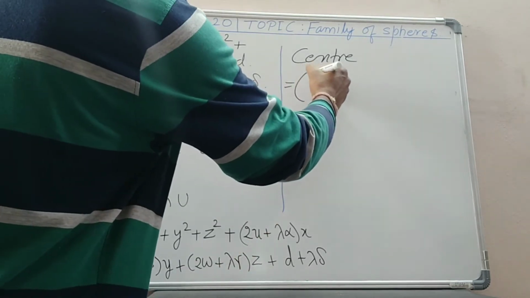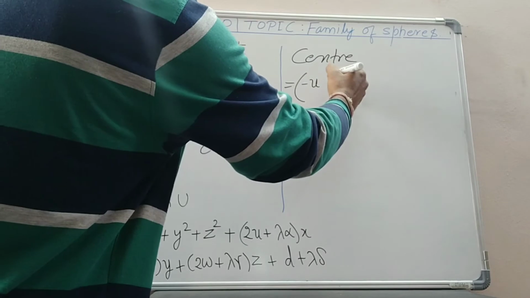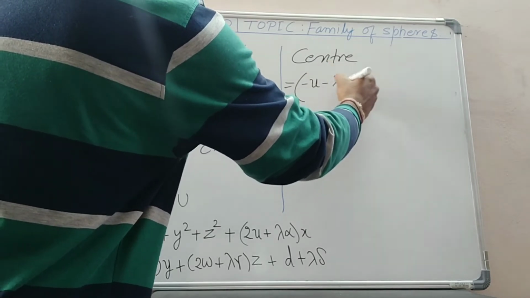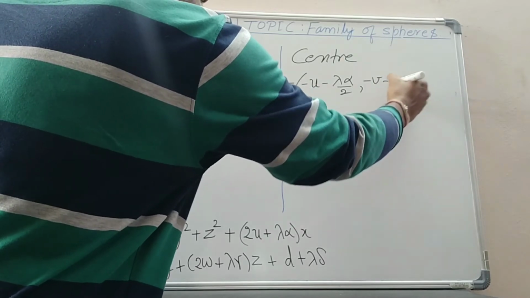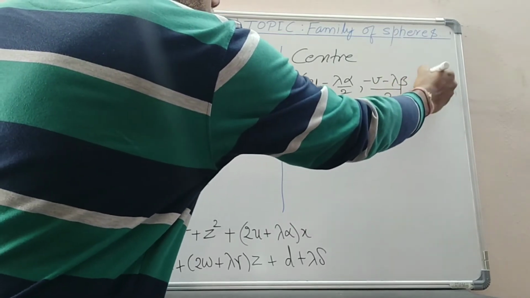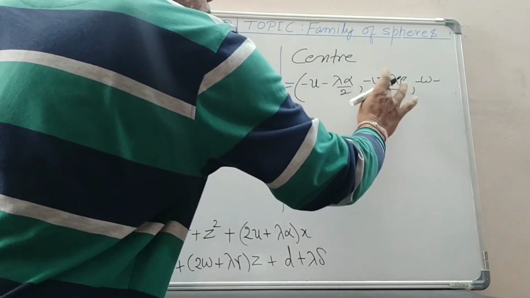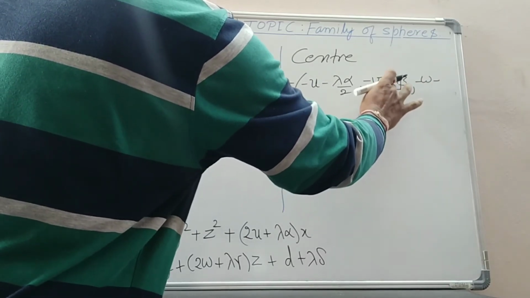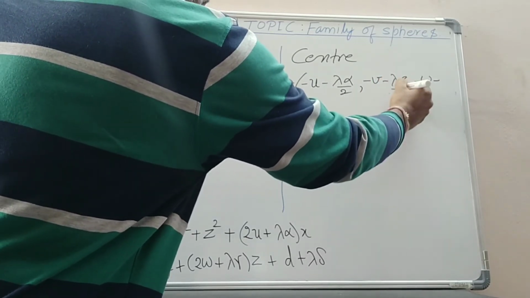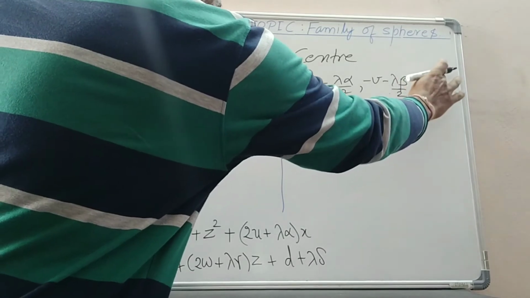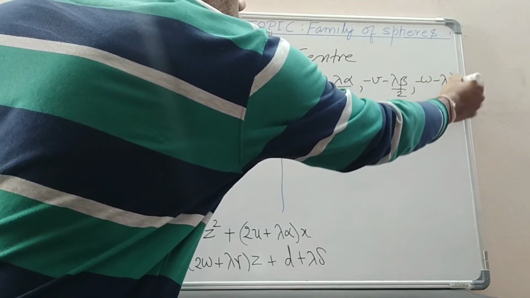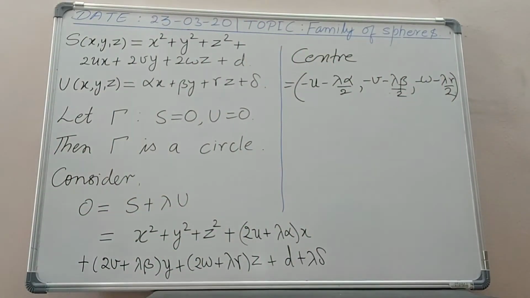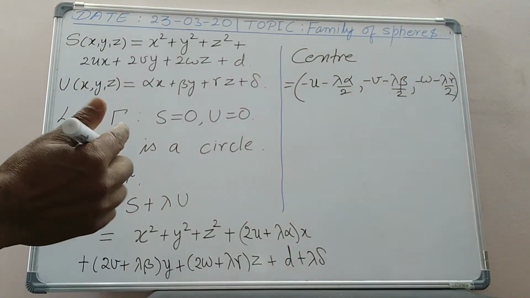That means minus u minus lambda alpha by 2, comma minus v minus lambda beta by 2, comma minus w minus lambda gamma by 2. So that will be the center of the sphere. And what about the radius?